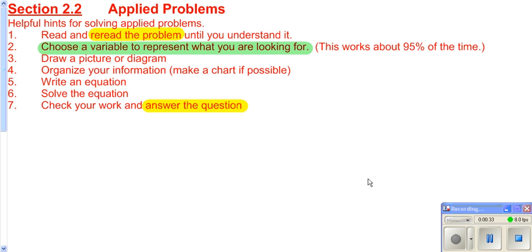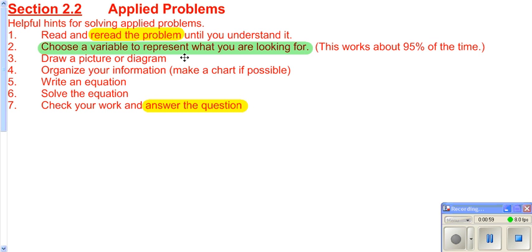As we go through here, these are the hints that you want to use and follow for solving applied problems. You want to read and reread the problem until you have a basic understanding of it. Not necessarily so you know the answer or know how to do it all, but just so you have a basic understanding. You want to use your variable to represent what you're looking for, and that works about 95% of the time.